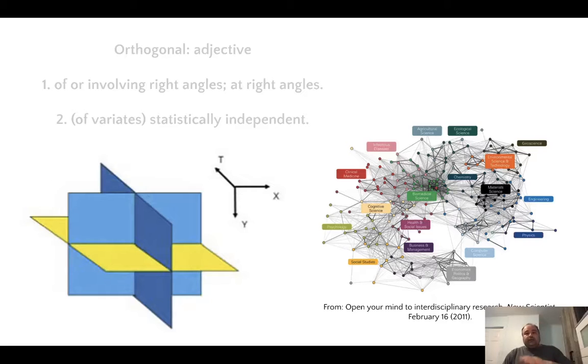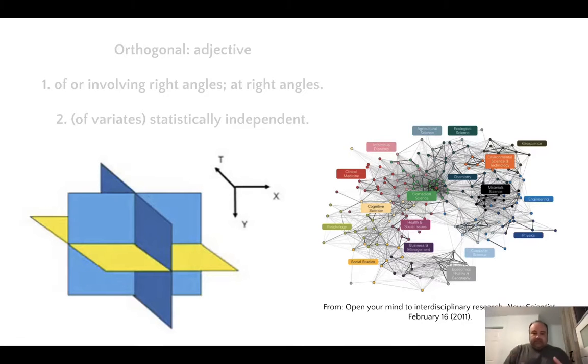However, if you take a look at a map of interdisciplinary space, such as this network, I guess it's a citation network of different fields and how they fit together, you see how these things come together. The reason I picked the name orthogonal was because the things seem to be at right angles, but they're connected in many different ways. That's the spirit of the lab.